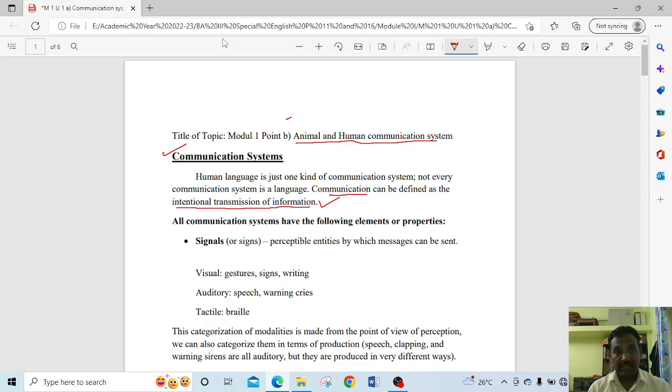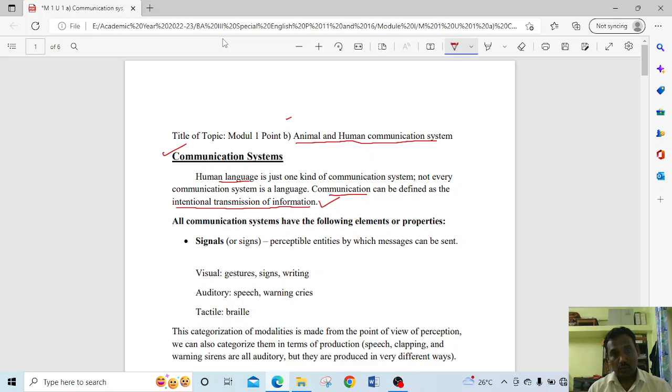Now human language is just one such kind of communication system. Don't think that every communication system is a language. You know that in the army they have their own communication systems, codes.